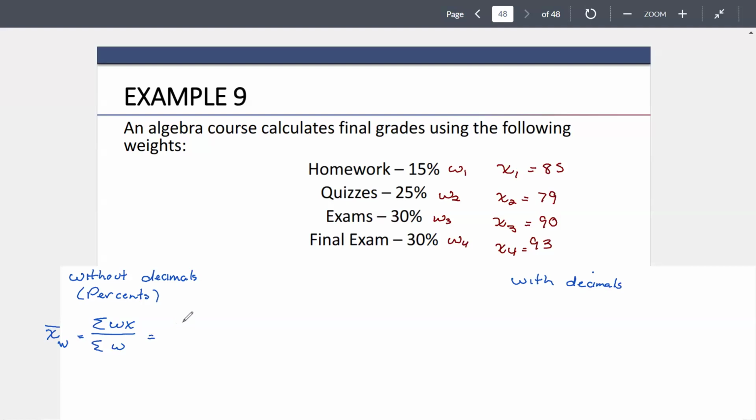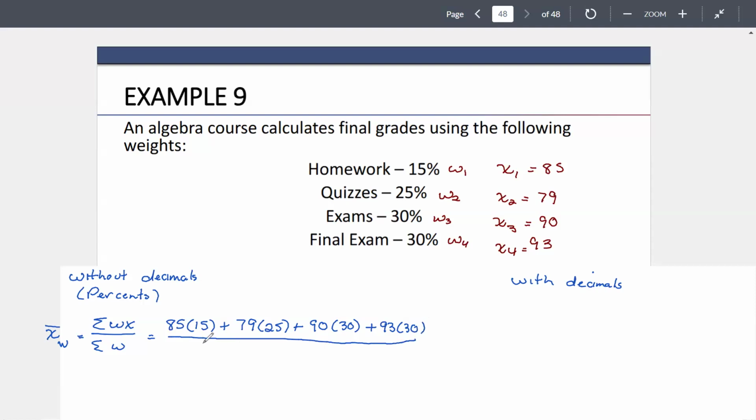My first one is 85. A grade of 85 weighs 15%. A grade of 79 and the weight on quizzes is going to be 25. I got that 90 in exams. The weight on that is 30. And then I got a 93 on the final exam. The weight of that is also 30.